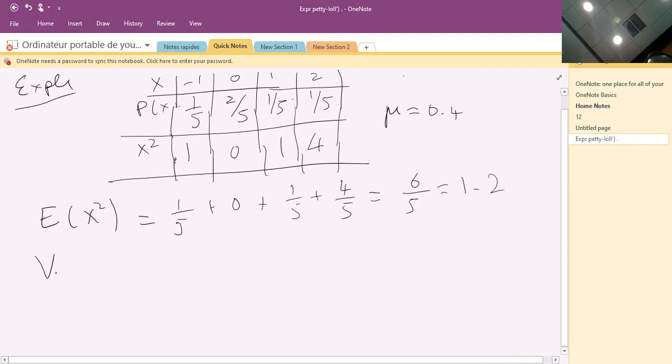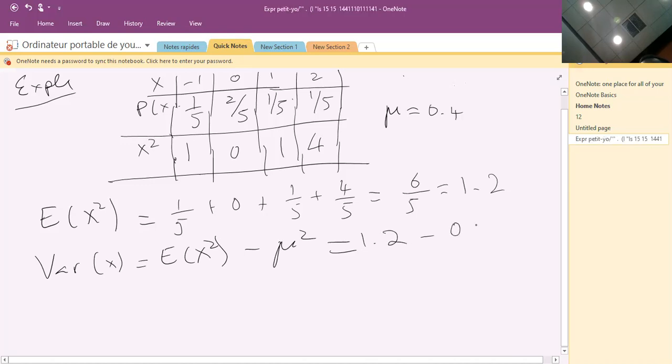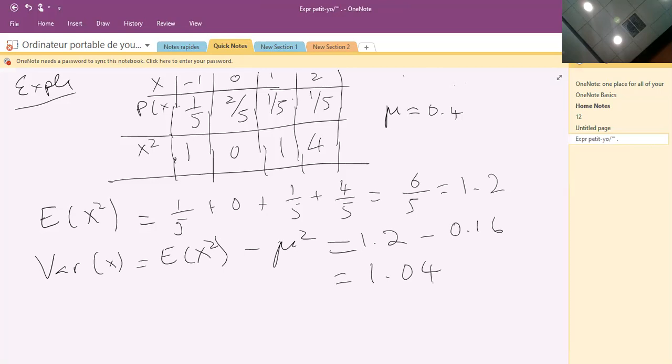So the variance of X is E of X squared minus mu squared, which is 1.2 minus 0.16, which is 1.04. So we can see, even though I'm using easy numbers, that the second formula is better than the first one.